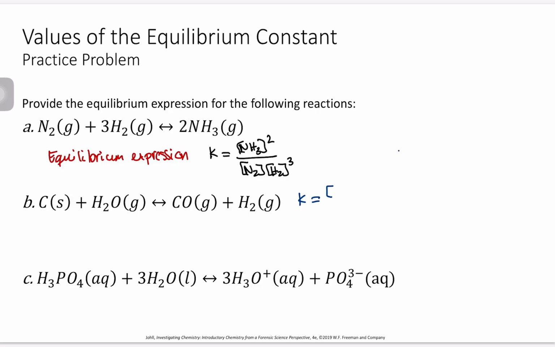I can have the concentration of CO times the concentration of H2 divided by, I want you to think about this. Can a solid have a concentration? Remember, when we're talking about concentration, we're usually talking about how much solute is in the solution. Well, if I just have a solid, I don't have two substances, so I can't have a solution, which means I can't have a concentration. So that means I cannot include the solid in my equilibrium expression, and I will just include the water vapor.